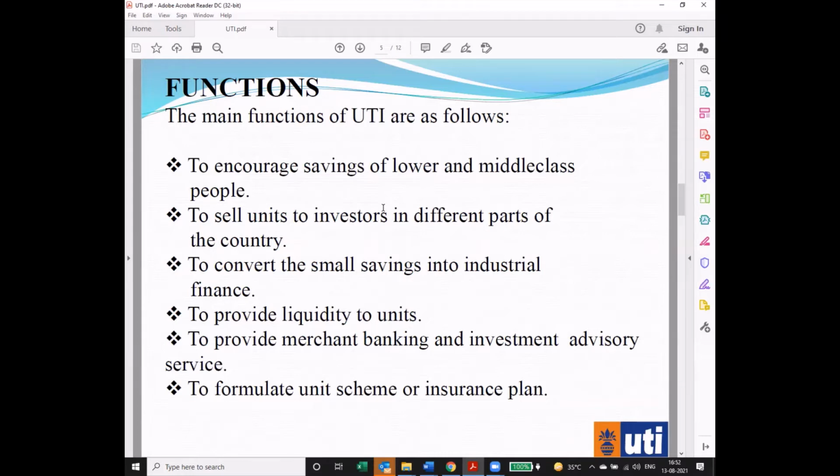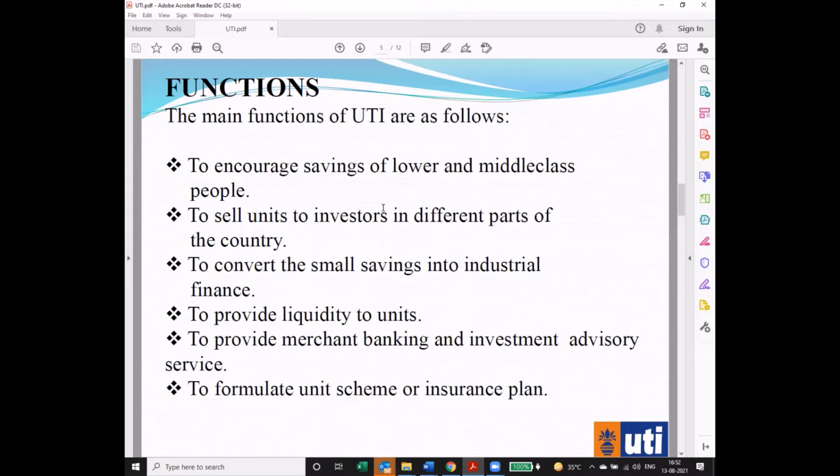So they started doing this in 1964, and this was very, very popular by the time 1990s, or the time of 1980s, 90s, and 2000 came. It became very popular to convert the small savings into industrial finance. Through selling of these units, they used to earn money. That money was given to industrial corporations for financing, investment.